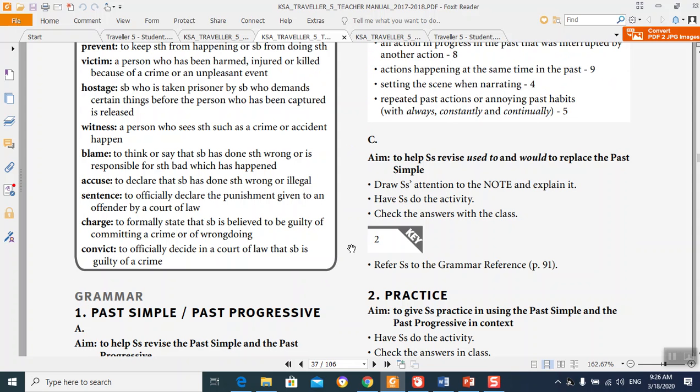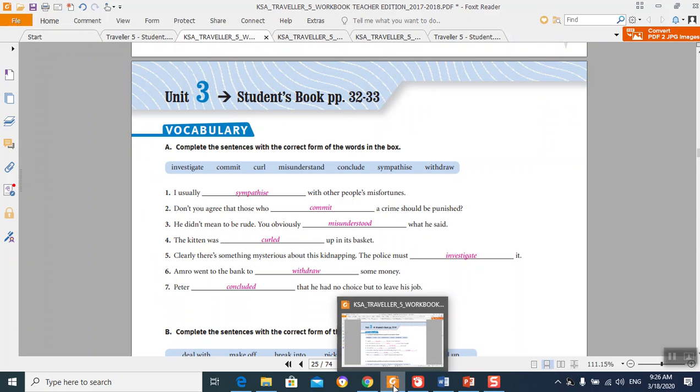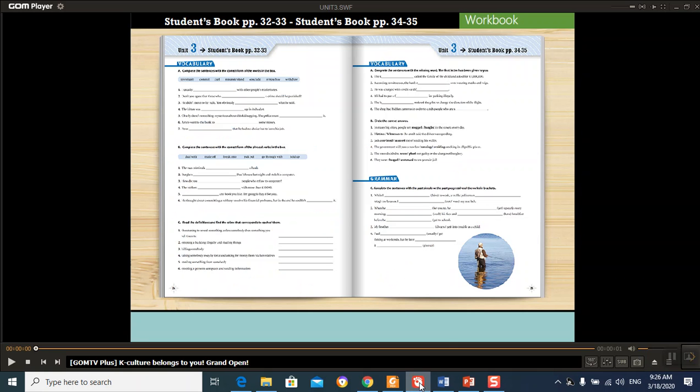Okay, let's now go to the workbook. You have answers for the words in your workbook. Page 24 and 25, I'm gonna show you.